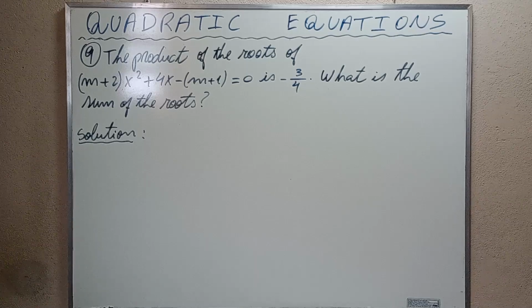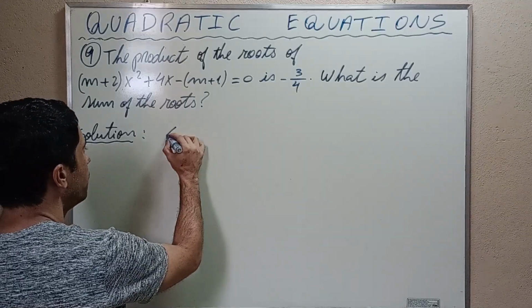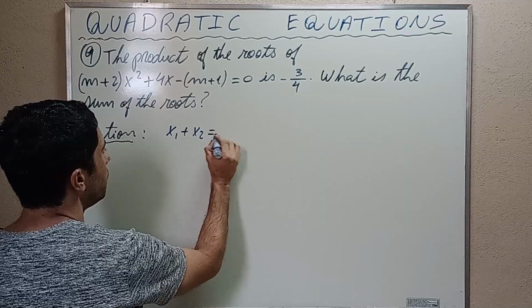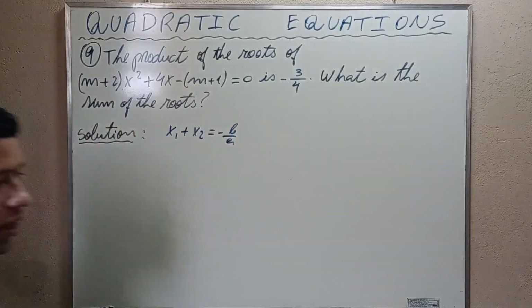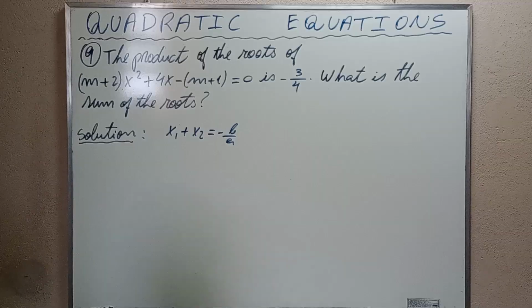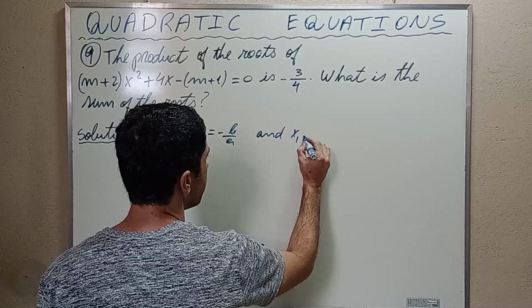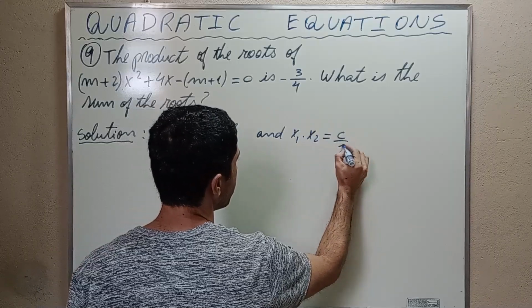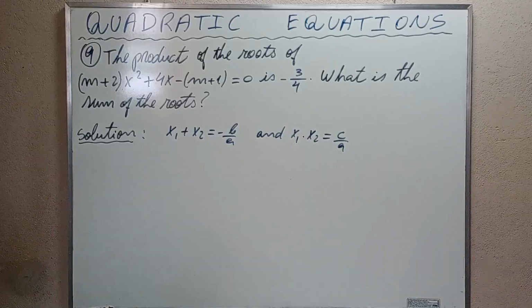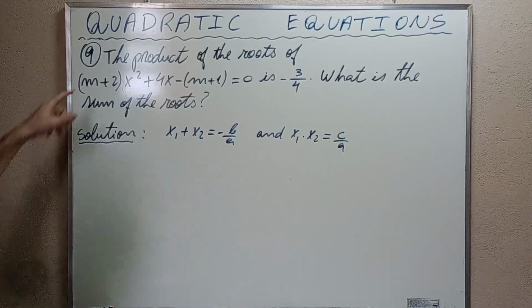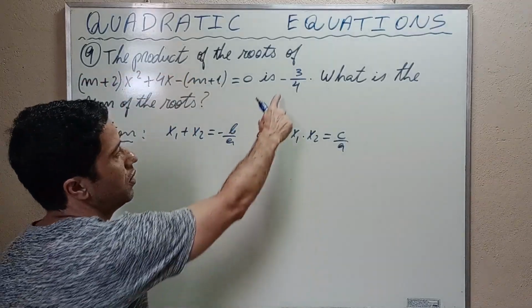As we saw in the previous exercises, we shall use again that the sum of the roots is equal to negative b over a, and the product of the roots is c over a. The exercise says that the product of the roots is this.